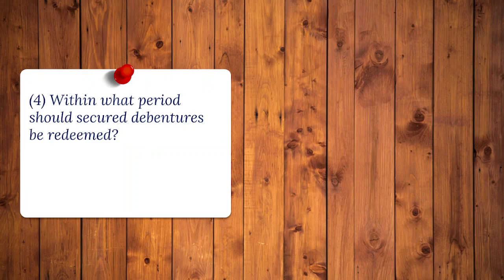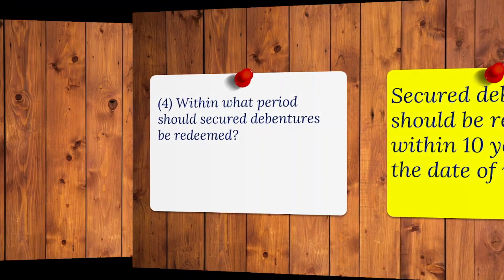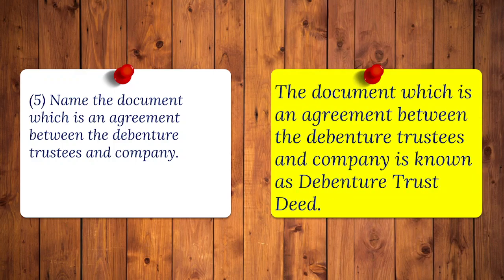4. Within what period should secured debentures be redeemed? Answer. Secured debentures should be redeemed within 10 years from the date of its issue. 5. Name the document which is an agreement between the debenture trustees and company. Answer.